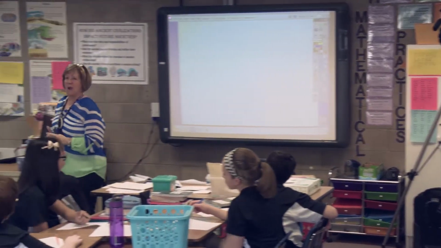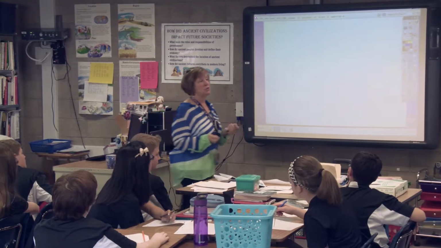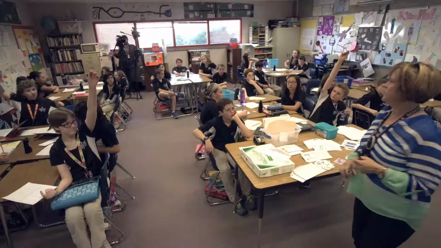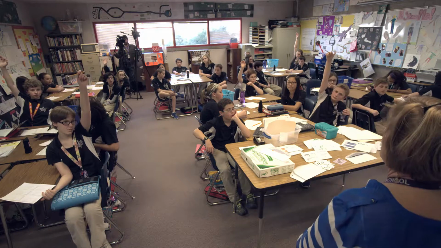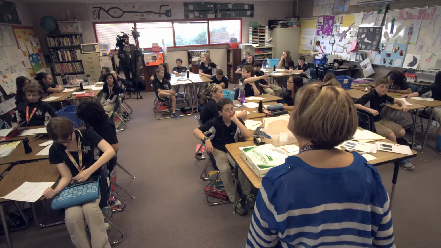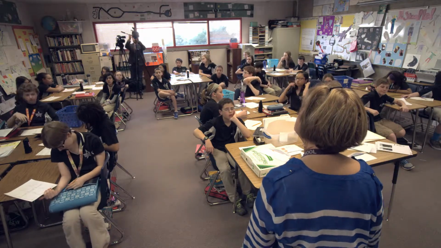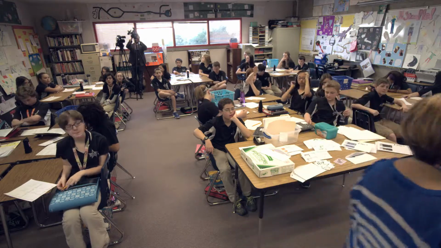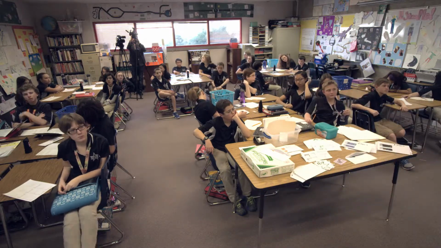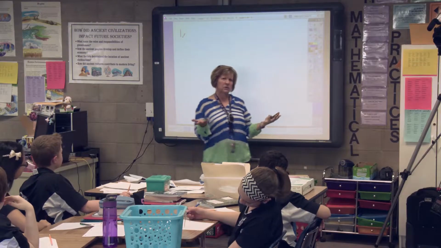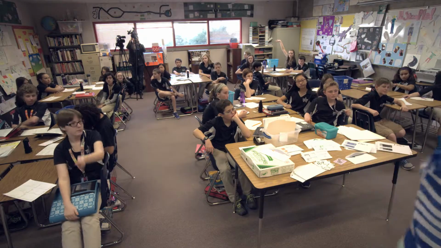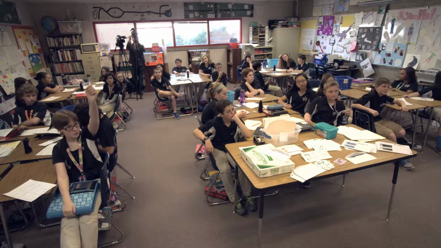What was one strategy that your group used effectively? What do you think worked really well for your group? Maddie? We looked at the numbers that were provided and pretty much just worked from there. Okay, what would you call that strategy? Resourcefulness. Okay, we'll call it resourcefulness.